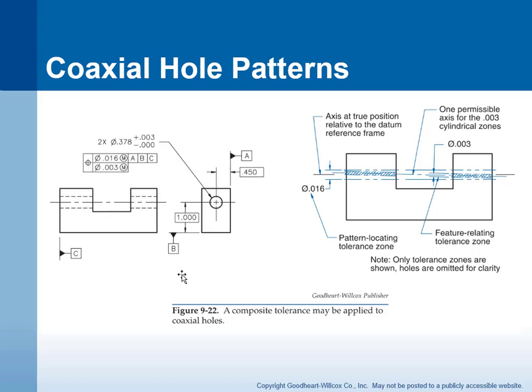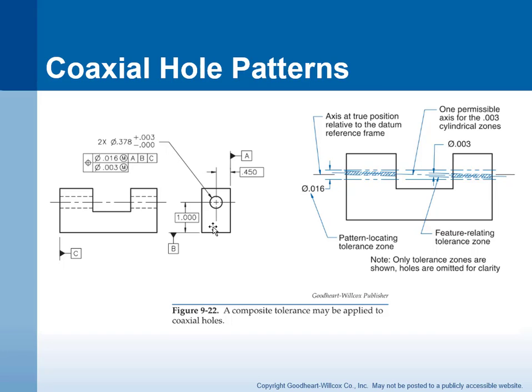A, B, and C. Once I have those, the lower frame gives us this tolerance zone here. So we have a 16 thousandths, these two outer lines, that's our tolerance for our upper segment.